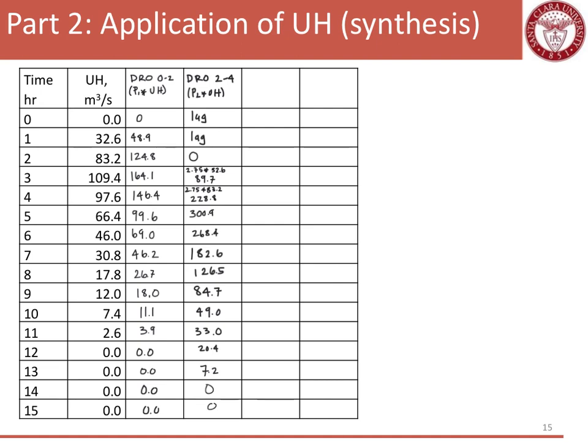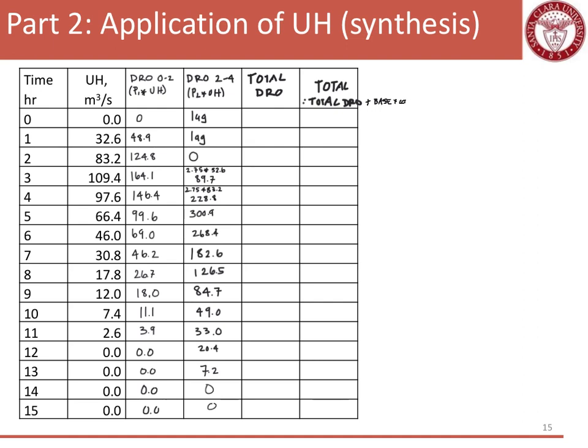Okay, so the next thing I'm going to do is put in the total DRO. So I'm going to add those two columns up. Then I'm going to have the total runoff, in which case I'm going to have the total DRO plus the base flow.